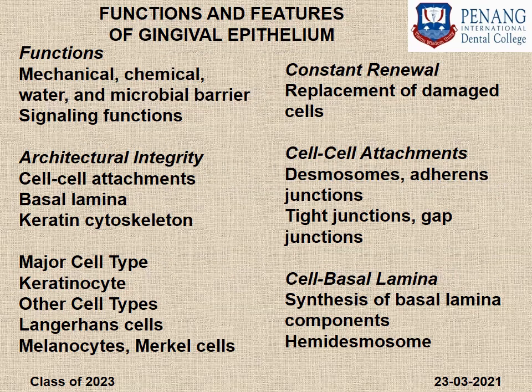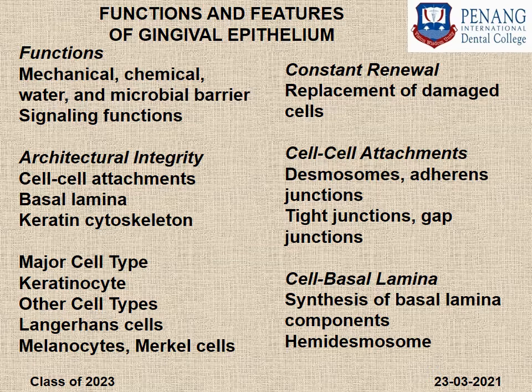So what are the functions of gingival epithelium? There are a number of functions. Starting with the mechanical and chemical functions, it provides a water as well as microbial barrier. There are signaling functions present along with this. Architectural integrity is brought about by the cell attachments, basal lamina and the keratin cytoskeleton.